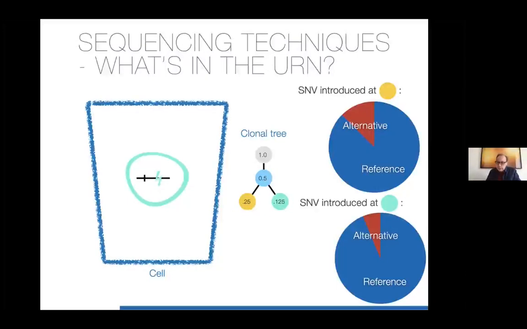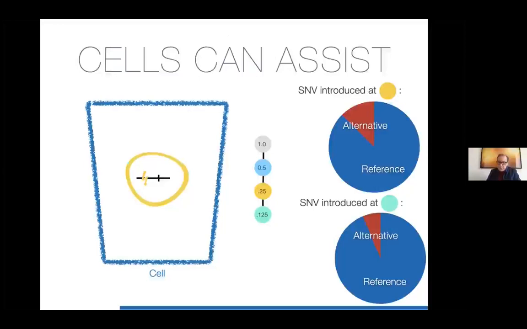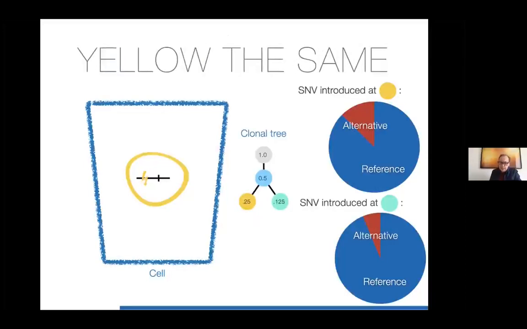So that's how we can distinguish between the cherry and the path. For instance, for this vertex, they behave in the same way. 2 mutations, one introduced there, one introduced there. Cells from the yellow only contain the one introduced at the yellow, and the same thing here. But for this, it's different.